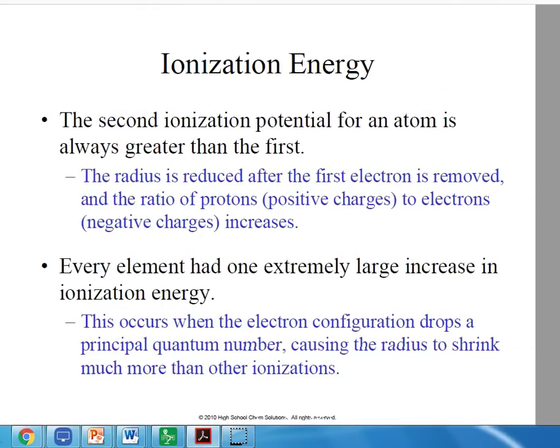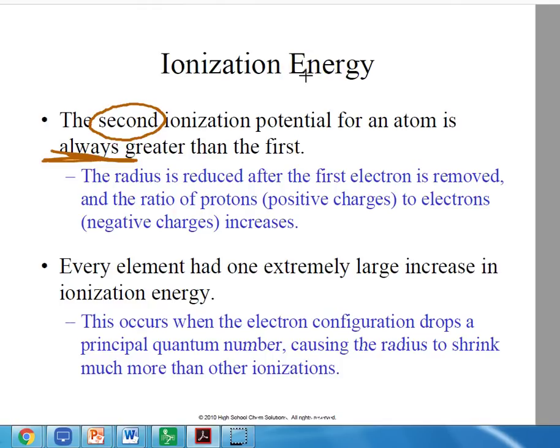All right, now this is discussing what if we want to remove 2 electrons. That second electron that you would want to remove is called the second ionization energy. And the second ionization energy or ionization potential is always greater than the first. So you remove one electron and then you want to remove another.